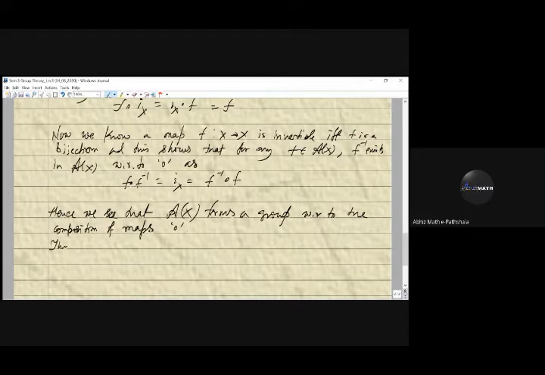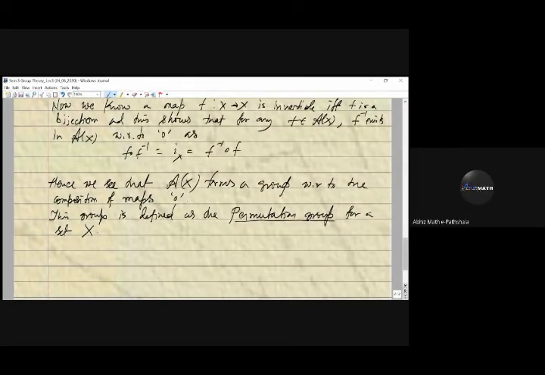And this group is defined as the permutation group for a set X. So this group is called the permutation group for a set X.